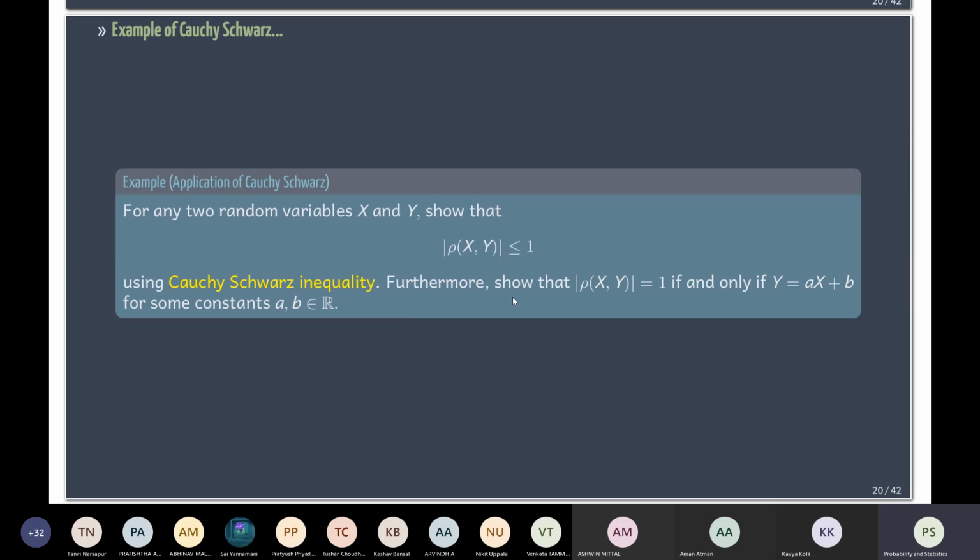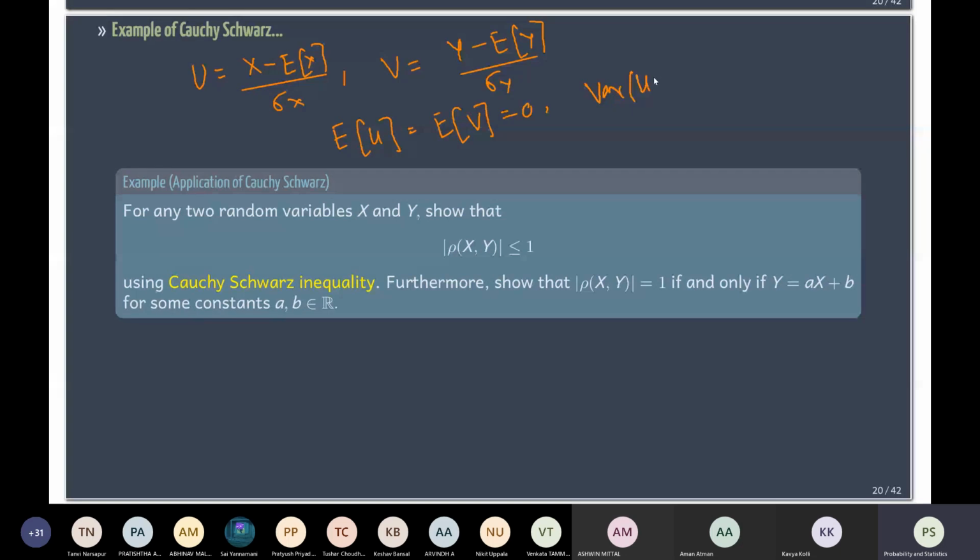This is a straightforward implication, because if I define u as x minus expectation of x by sigma x, and v to be y minus expectation of y by sigma y, then expectation of u and expectation of v are 0, the way they are defined, and the variances of u and v are 1.